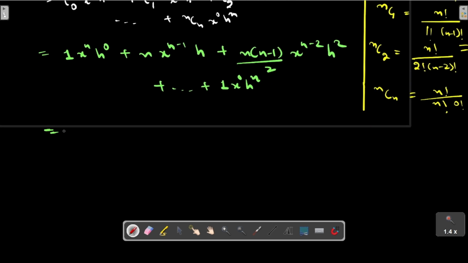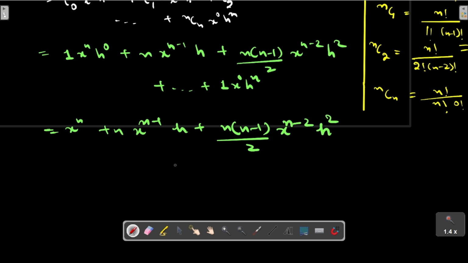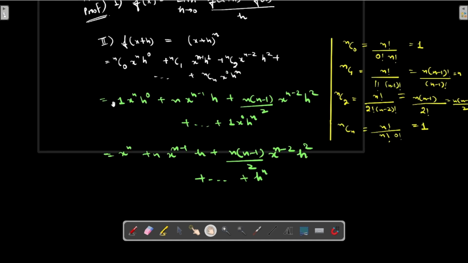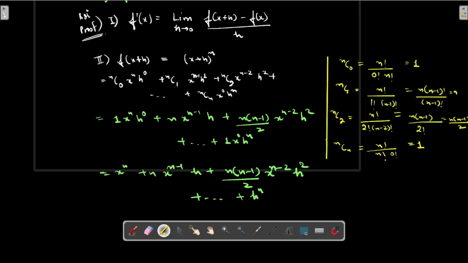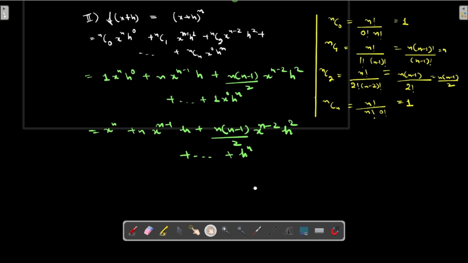That gives you x to the power of n plus n x to the power of n minus 1 h plus n into n minus 1 over 2 x to the power of n minus 2 h square, so on, h to the power of n. So we got the expansion part, we have our formula, right? First, let's just handle this. Let's get this bit. What is it?